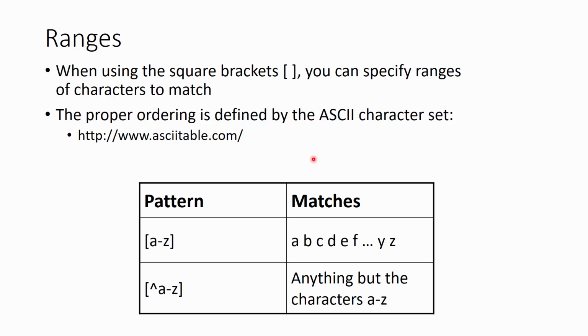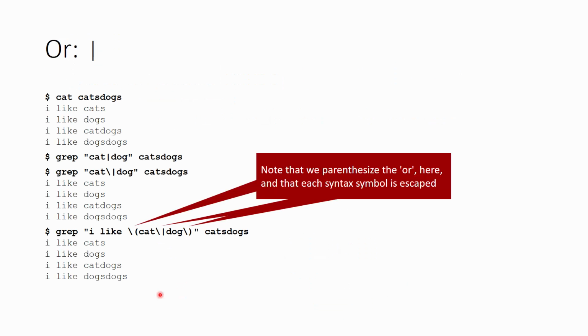What's in between the lowercase and the uppercase sets? Well, that's defined by the ASCII character table. So here's a good ASCII table that I like. So in this pattern down below, we've got match anything here except the characters a through z on the lowercase side. Very case sensitive.